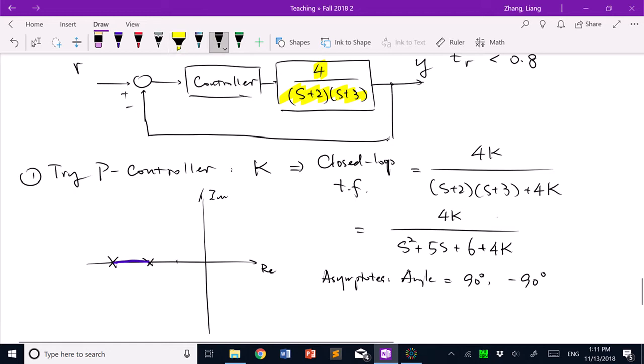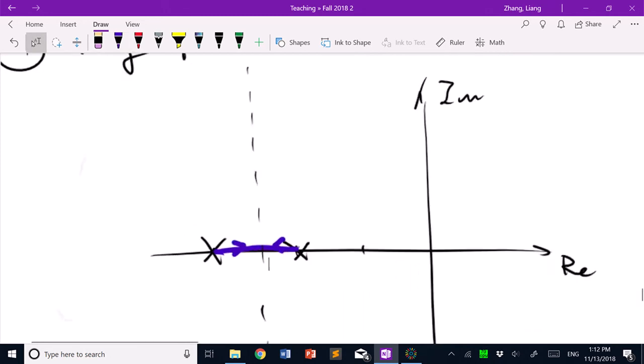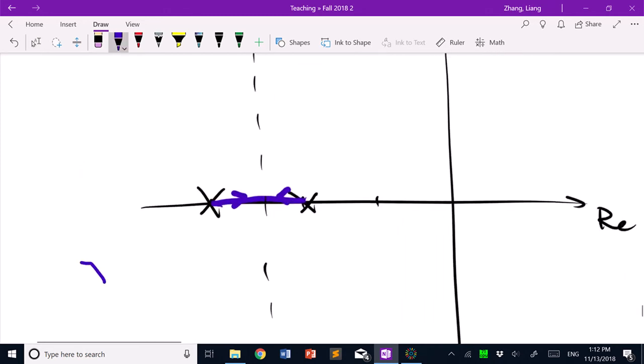The centroid will be the sum of your open loop poles, -2 and -3, I don't have any open loop zeros, so I don't have to do anything, divided by 2, so -2.5. Right in the middle. Since the locus starts from the poles, the two branches should move towards each other and will break away.